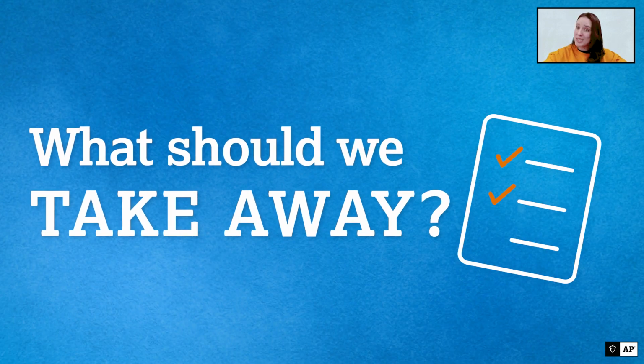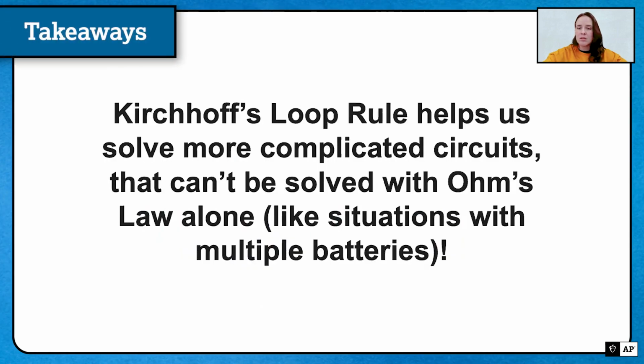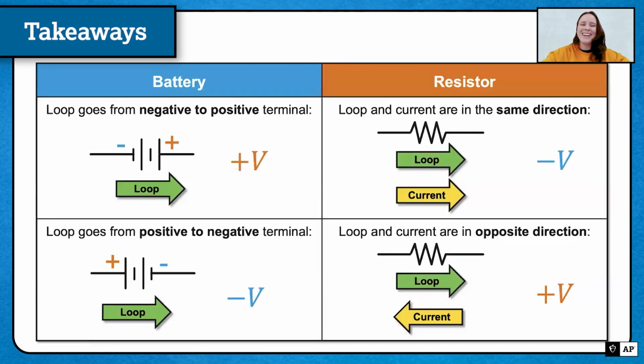Okay, so what should we take away? Kirchhoff's loop rule in particular helps us solve more complicated circuits that we can't solve with just Ohm's law alone. And these are usually what you're going to use when you have a situation with more than one battery. So again, if you're going from negative to positive on a battery, that gets a positive voltage contribution.